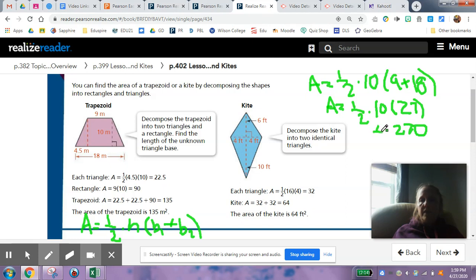And I still have this 1/2 times 270. So then 1/2 times 270 is 135, which is the same as the answer right here. So this formula can come in handy. 1/2 times the height times the quantity of base 1 plus base 2.